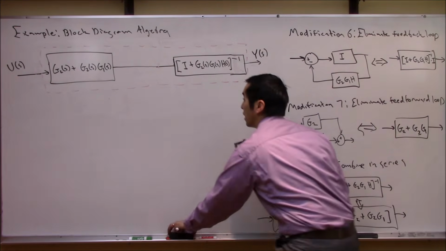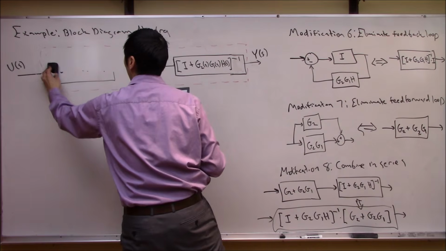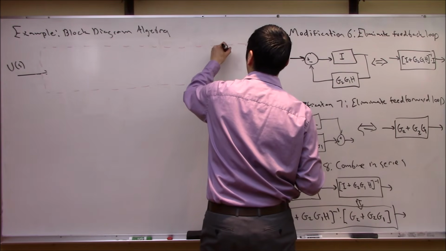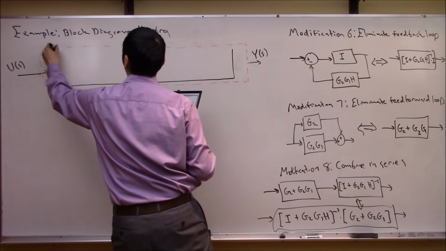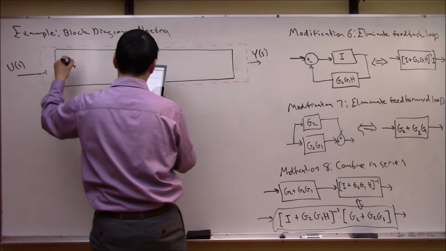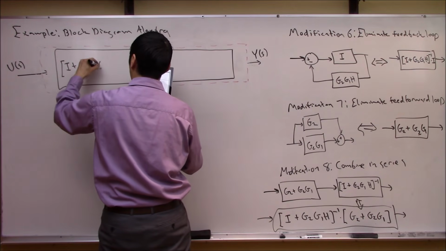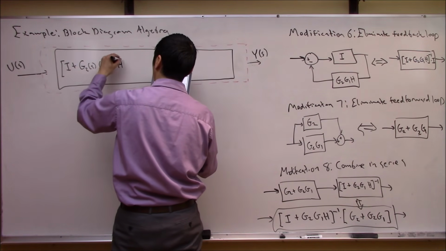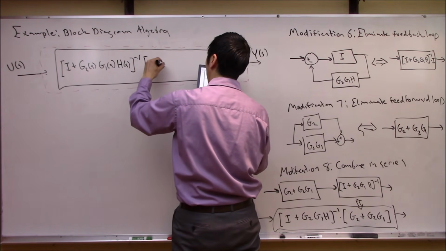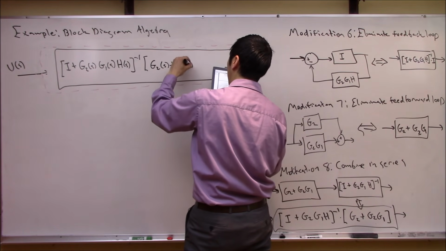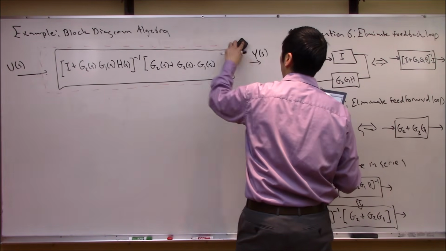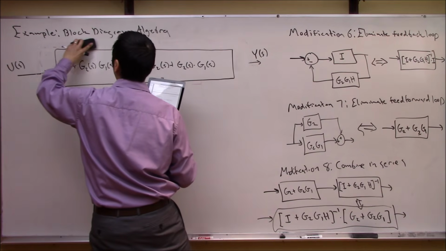So I think we're done here in the sense that I can now replace everything in red with a single block, which is, we said, identity plus G2, G1, H inverse times G2 plus G2 times G1. There we go. And then if I erase the red, I think we're done.